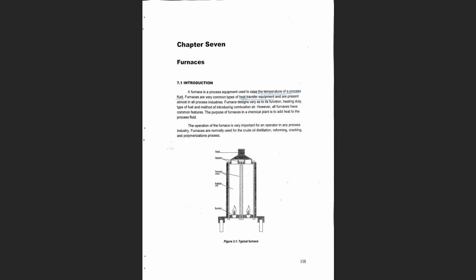So instead of liquid water, guys, you could have another process fluid. As an example, one of the most common examples that you will see, inshallah, is in crude oil processing.